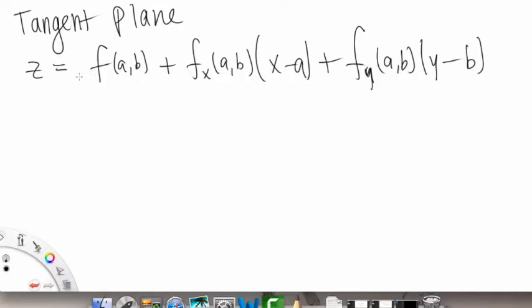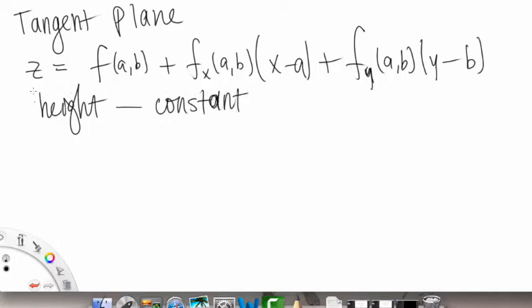For this tangent plane to be horizontal, it can't be tilting upward or downward in any direction. So we want the tangent plane to have a slope of 0, which means the height is constant. z represents the height, so we want that to be constant and not changing. That means our slopes are 0.